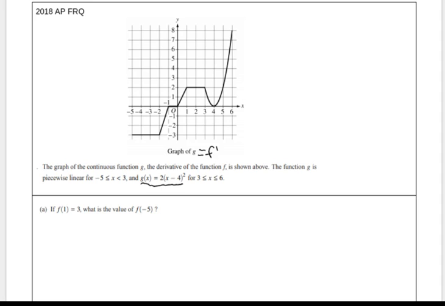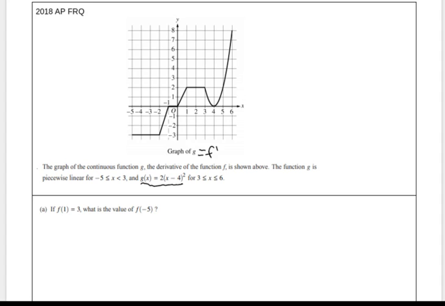In part A, it says if f of 1 equals 3, what is the value of f of -5? Well, they gave us the graph of g, which is really the graph of f prime, and they're asking us to find a function value for f. So we're going to need to use this initial condition.